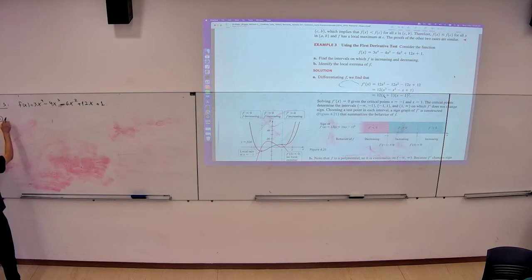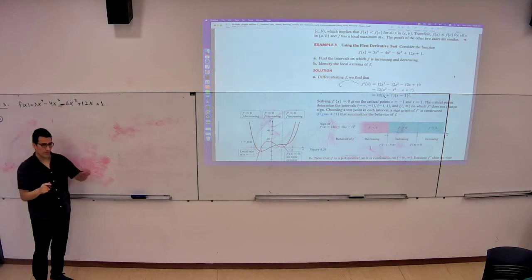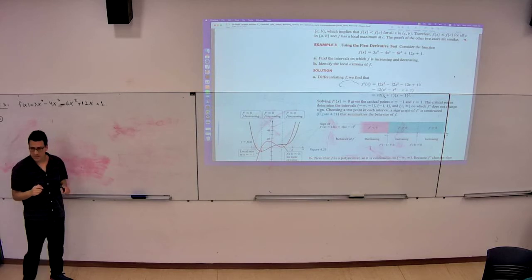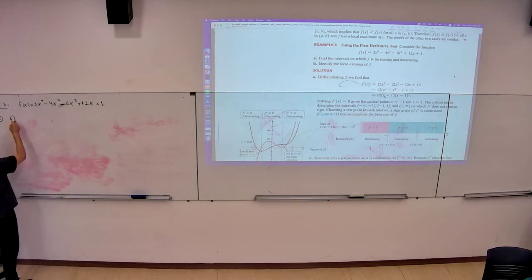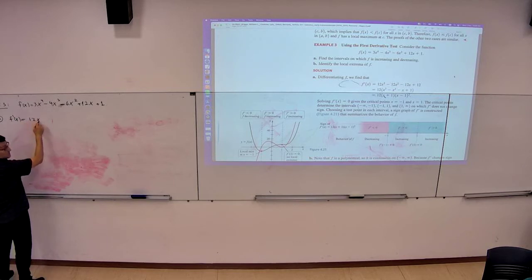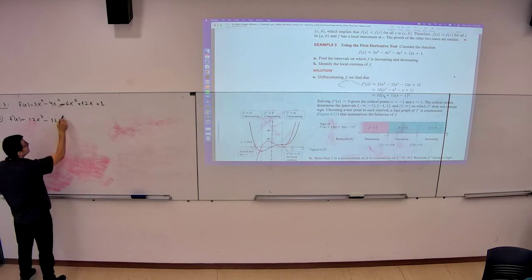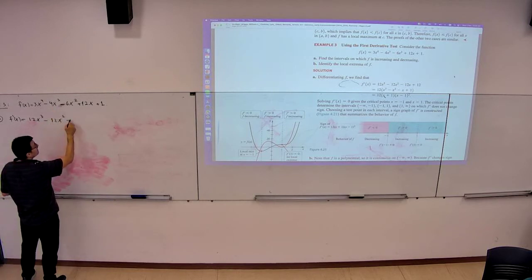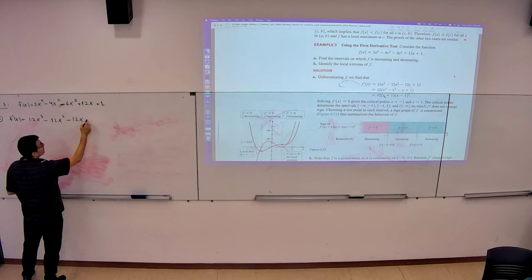Your reflex at this point should be to compute the derivative automatically. So f prime of x, what is it? 12x cubed minus 12x squared minus 12x plus 12.